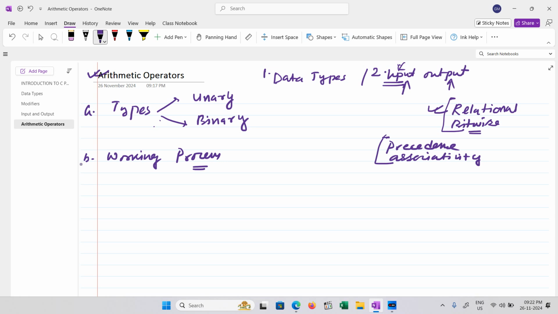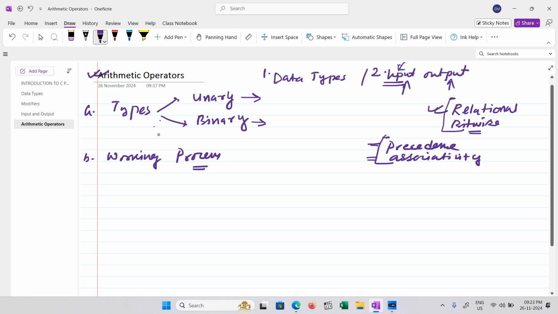So let us first focus on the basic working process of these two. What are the unary operators under arithmetic, and what are the binary operators under arithmetic? Then in the next lecture, after we finish this topic, we'll see the precedence and associativity related to them, and we'll discuss them in detail.